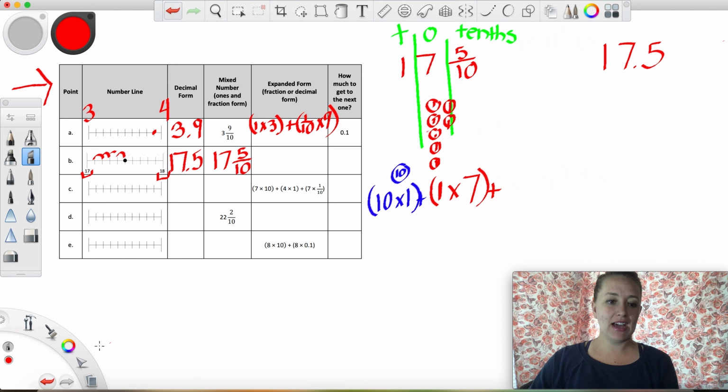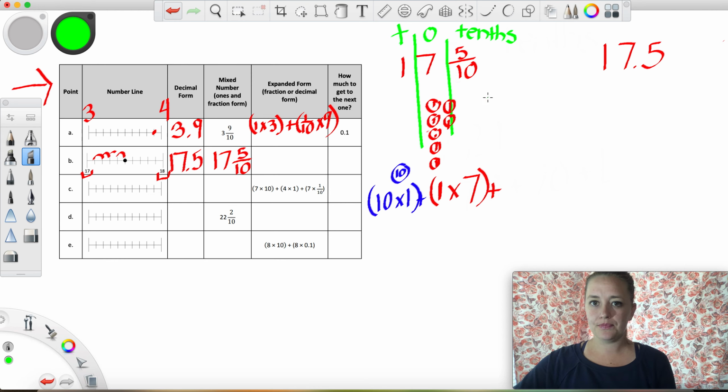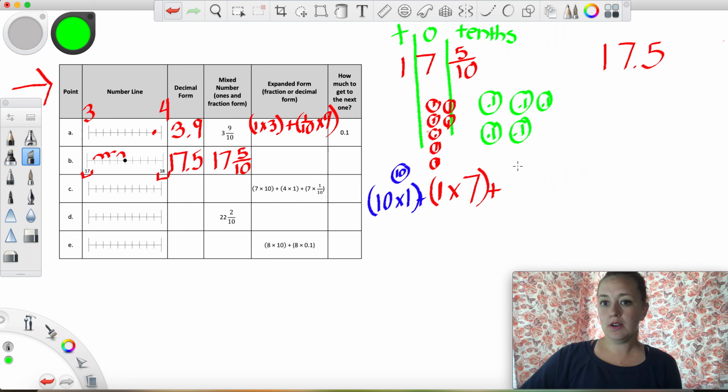And now my 5/10. Let's do 5/10 in green. There's a 1/10. How many times do I need 1/10? Well, I need it 5 times. 1, 2, 3, 4, 5. So I'm going to say take my 1/10.